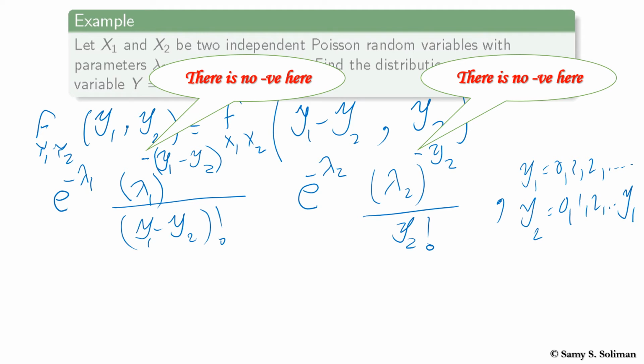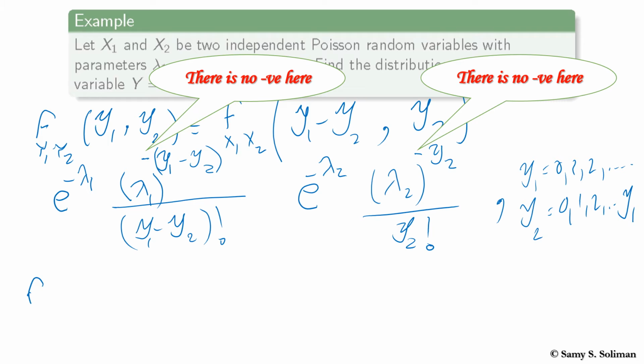However, the requirement was to find the probability mass function of y, which we named y1. So in order to find the marginal probability of y1, we need to find the summation of the joint probability mass function over all the possible values of y2.